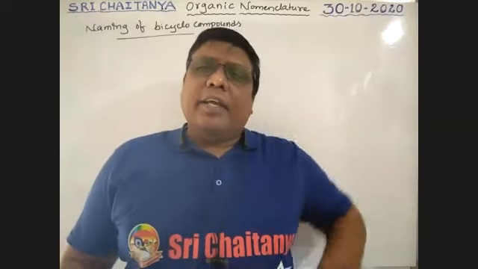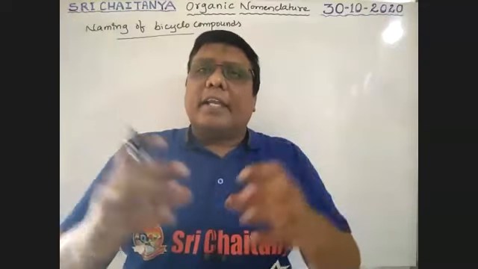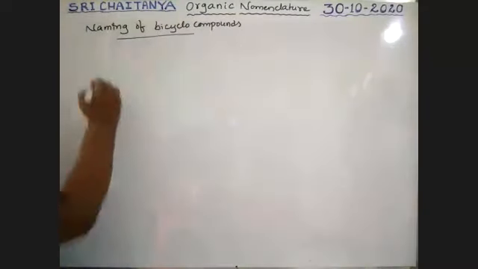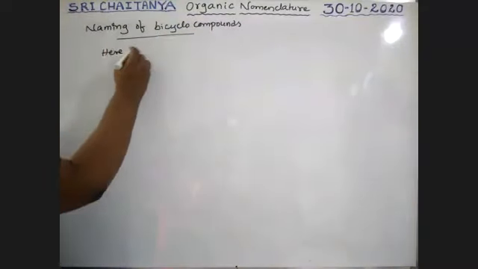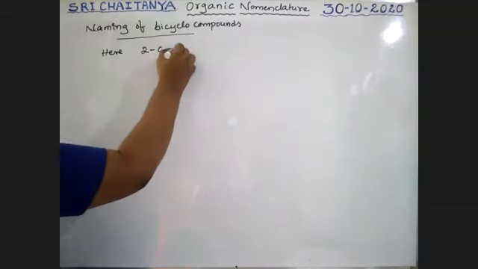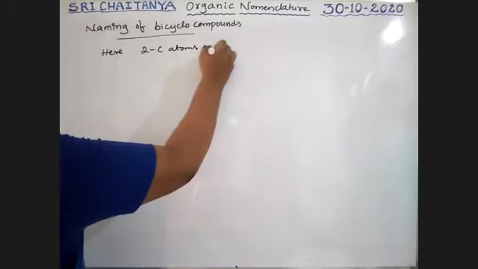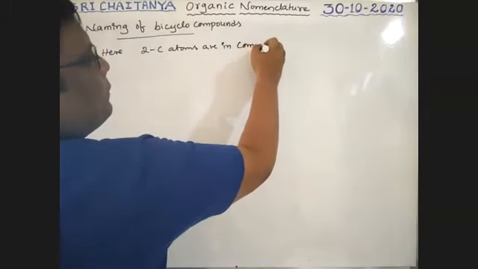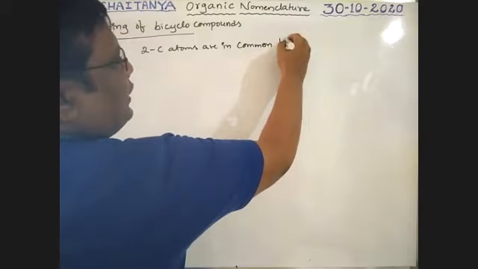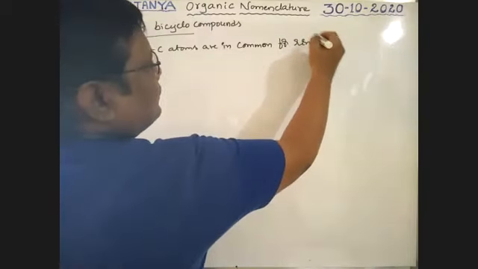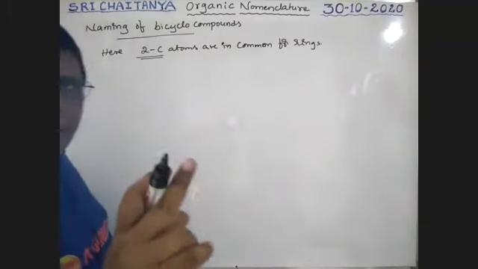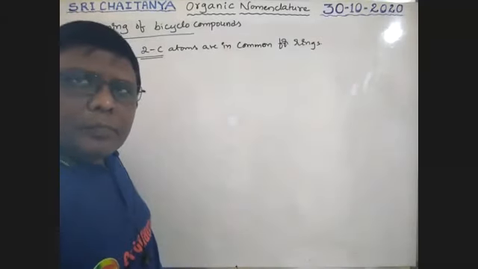Bicyclo, boys. Here, cyclic rings are fused with 2 carbons. So 2 carbon atoms are in common for the rings. That type of compound is called a bicyclo compound.